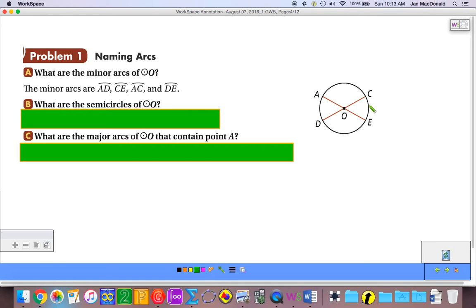Likewise, I could name semicircle CED. And you can clearly see that semicircles are cut off by the diameter of the circle. Here's the diameter of the circle CE, which would cut off this arc from the circle CED.